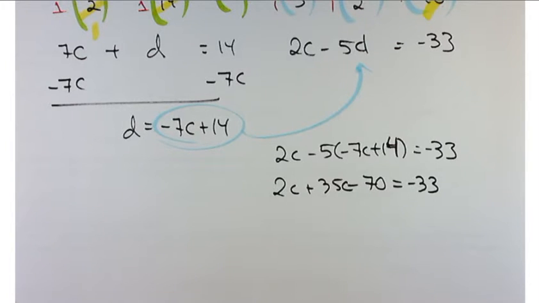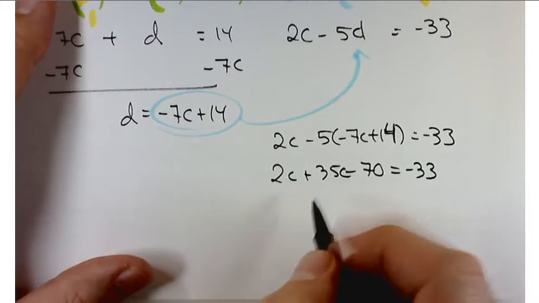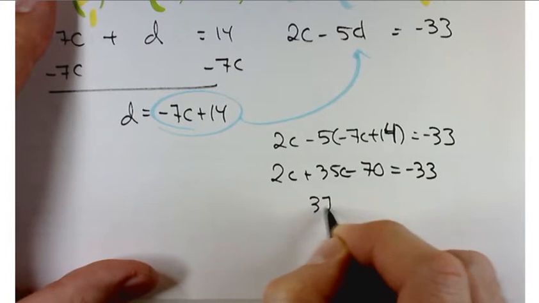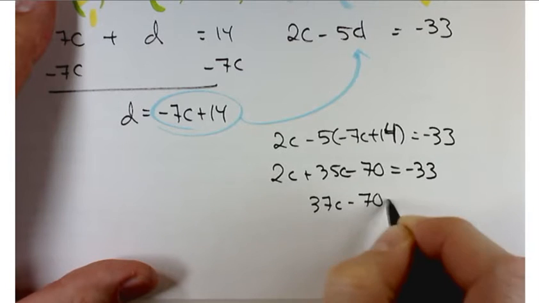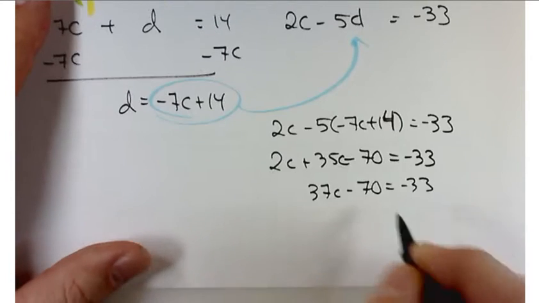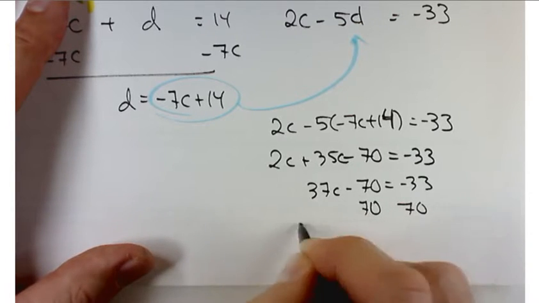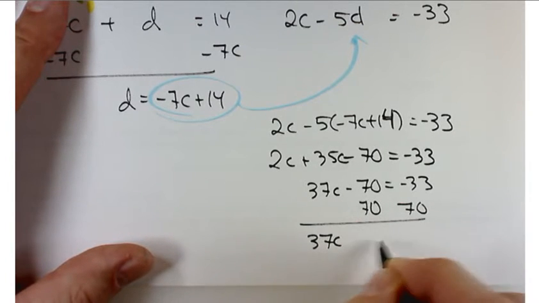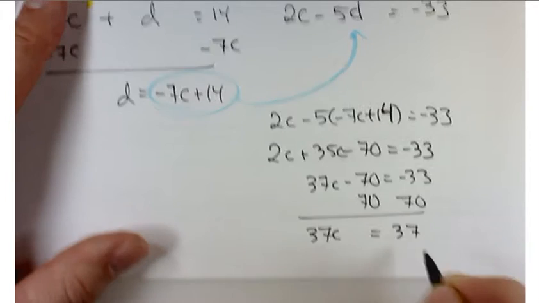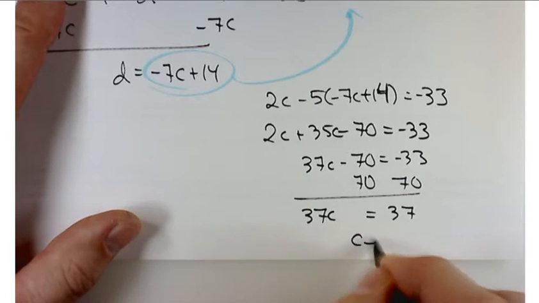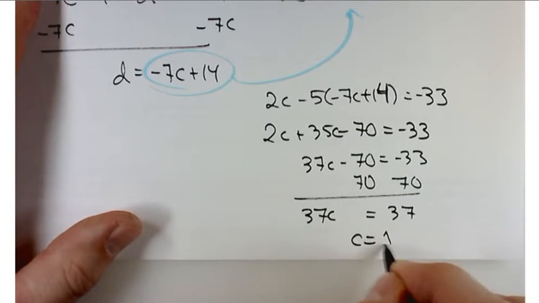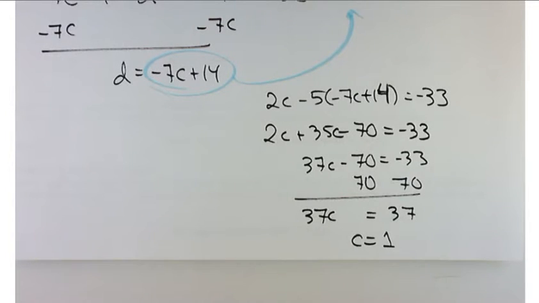On the left-hand side, we're going to combine like terms. I get 37c minus 70 equals negative 33. If I add 70 to both sides, what do I end up with for c? C is 1. Yay.